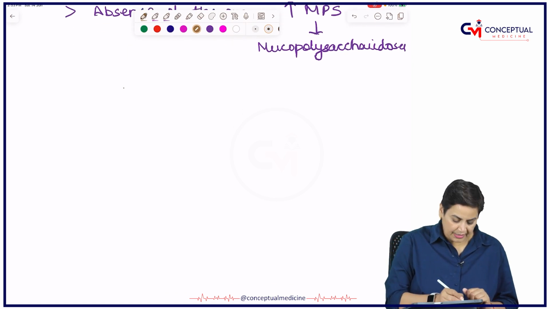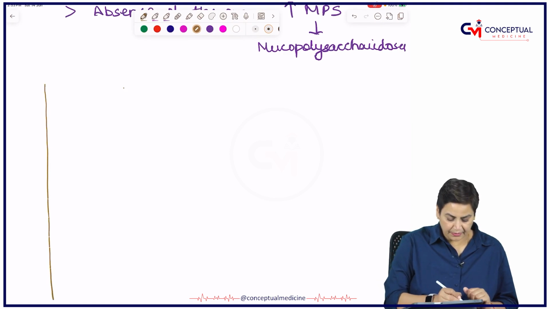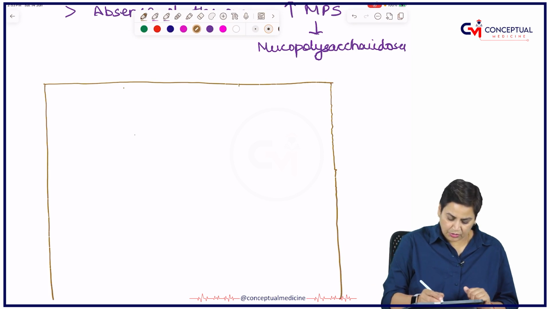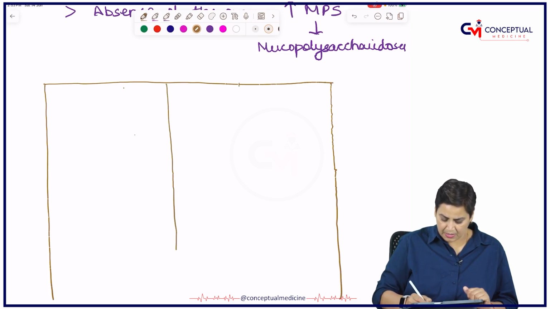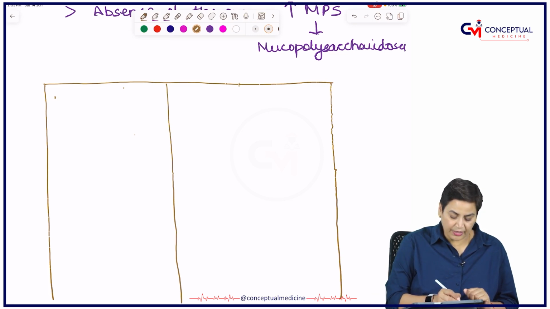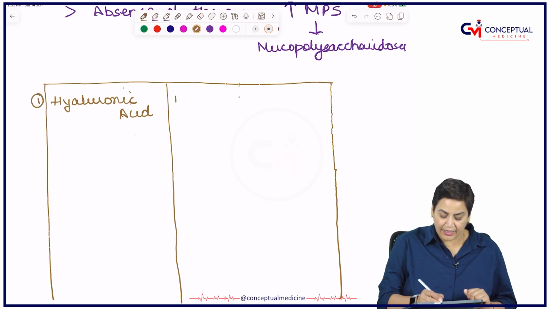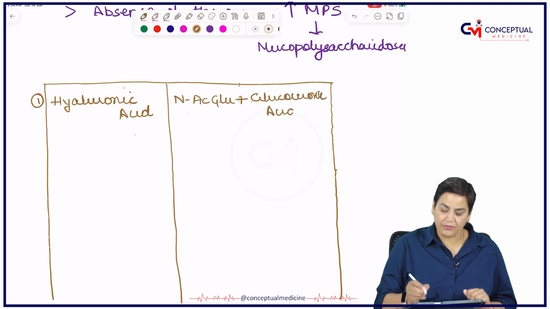So I'll just make a table here. The first one is hyaluronic acid. If we talk about hyaluronic acid, what are the components? Hyaluronic acid consists of N-acetyl glucosamine with glucuronic acid.